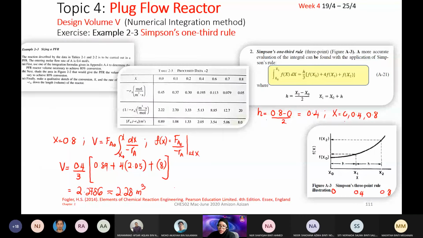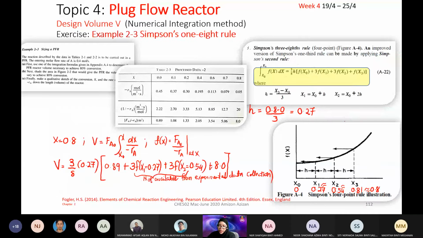If you use the 4 points, which is the 3/8 rule, then it will not help you to calculate the volume, because you know the rule that we have to have equally distributed segments for 4 points, meaning 3 segments. Unfortunately, having that H, the second point is at 0.27, and the third point is at 0.54 conversion.